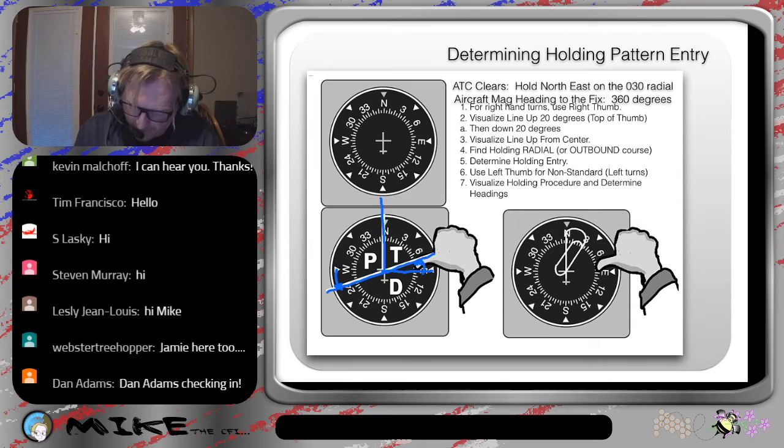So I look for the 210 radial, and I see that it is down here. That tells me right away that I'm going to be doing a direct entry, which means that once I cross the holding fix, I'm going to be making a right-hand turn directly to 210 to get into that holding pattern.